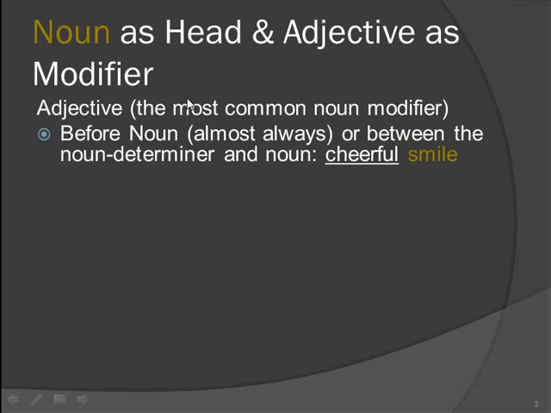You may have discussed or you may know that noun modifiers may be before the noun as head or after the noun as head. Jadi posisi dari modifier itu bisa jadi sebelum headnya atau setelah head. Okay.